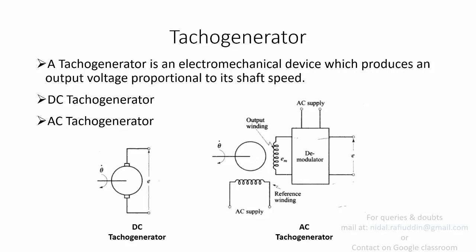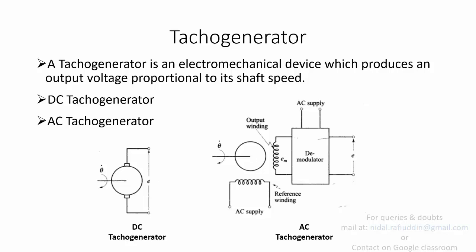So tachometers or tacho generators are employed to measure speeds of such devices, and when connected to the rotating shaft or motor, they will produce an output voltage which is proportional to the shaft speed.